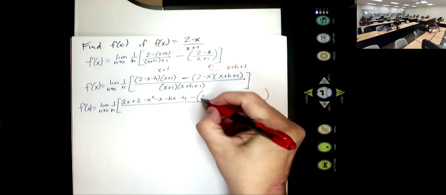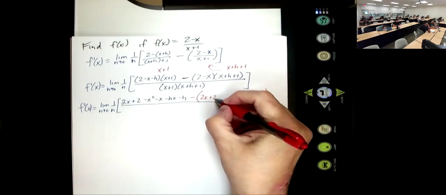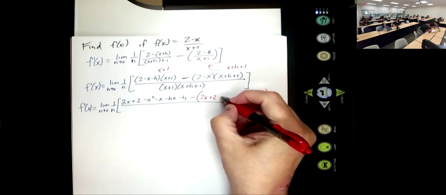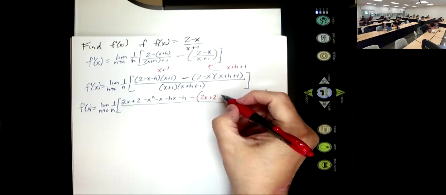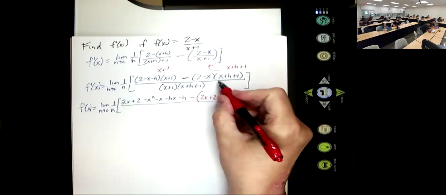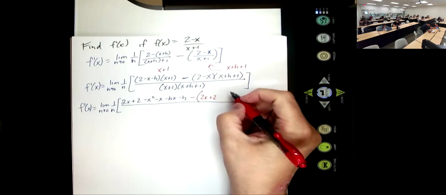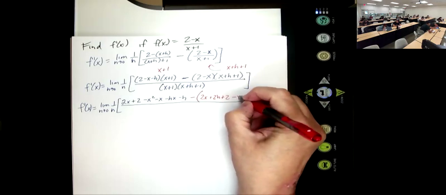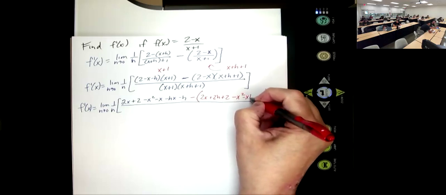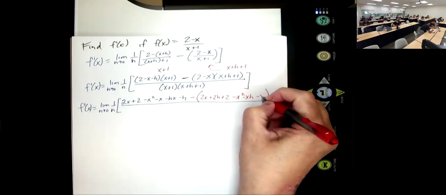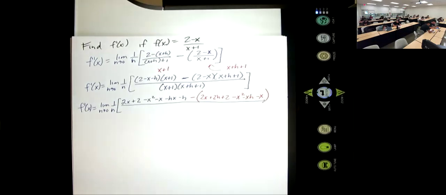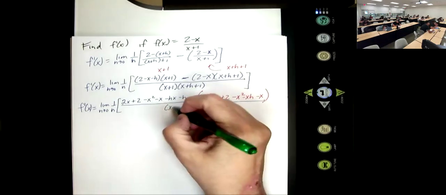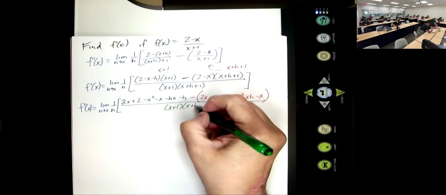I've got 2x plus 2. Wait, what am I doing? 2x plus 2h plus 2, there we go. Minus x squared minus xh minus x. And we still have the x plus 1, x plus h plus 1 on bottom.